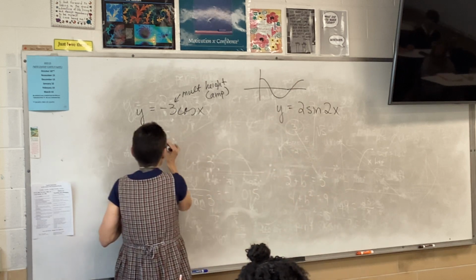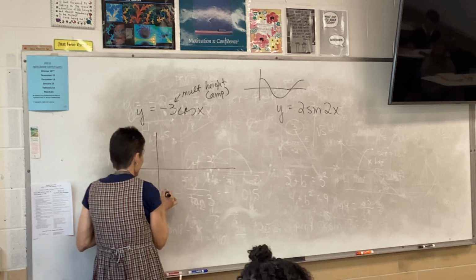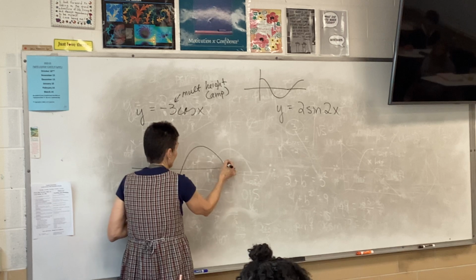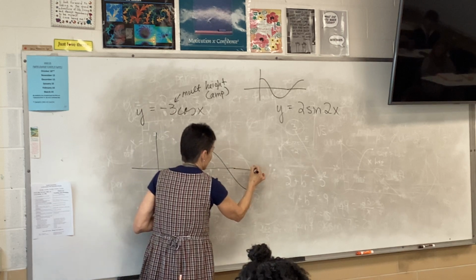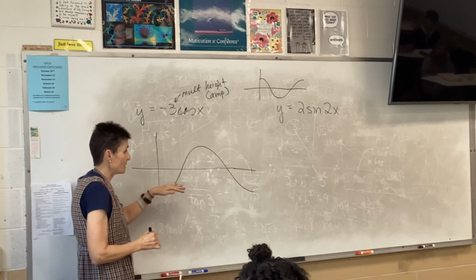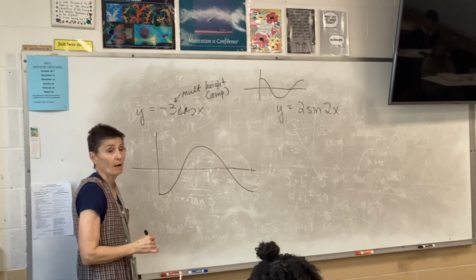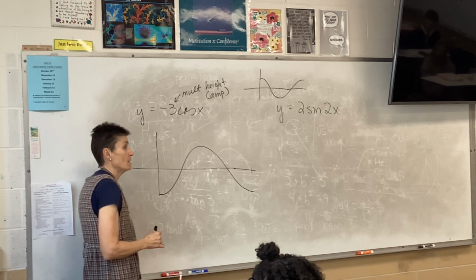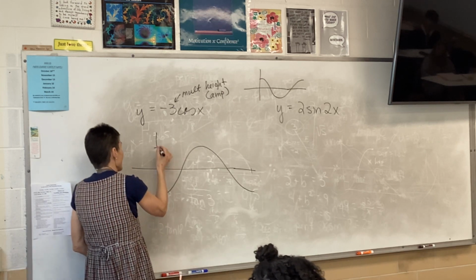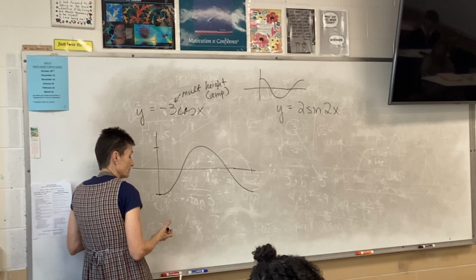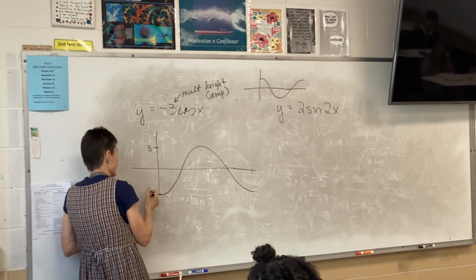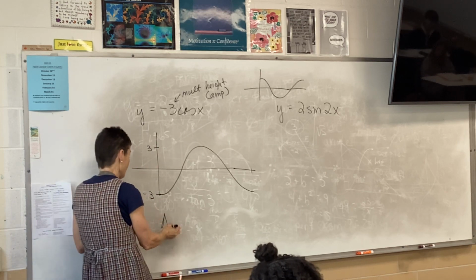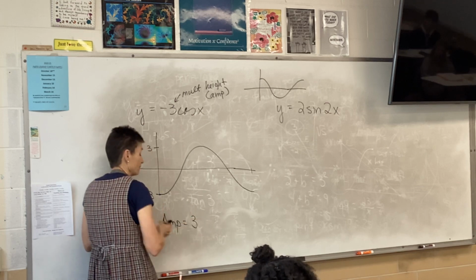If I turn that upside down, then I'm going to start at the bottom of the valley, and I have my hill, and then I have the rest of my valley. So this is the upside down of the cosine. Normally, my amplitude is 1, but because of the 3, it's now going to be times by 3. So my amplitude is 3.